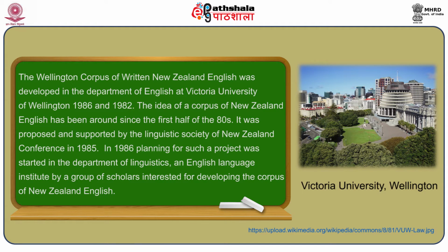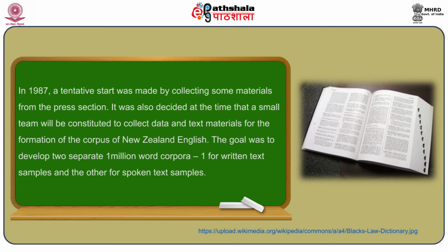In 1986, planning for such a project was started in the Department of Linguistics and English Language Institute by a group of scholars interested in developing the corpus of New Zealand English. In 1987, a tentative start was made by collecting some materials for the press section.